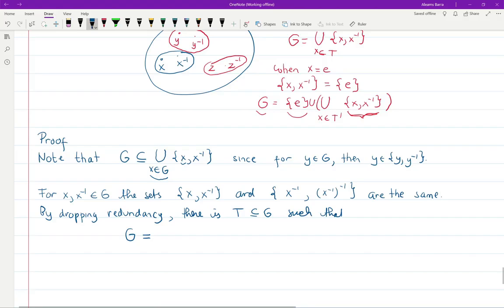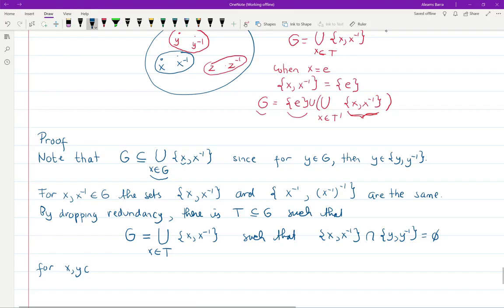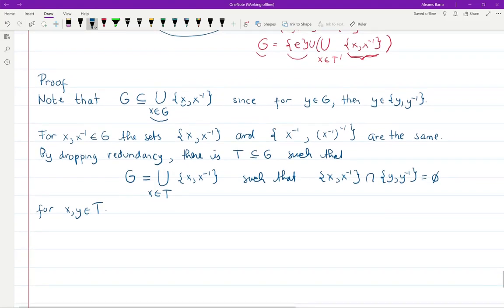By dropping some of the same sets, we can make the union still equal to G, but we don't really need to take all X from G. We just need to take X from a certain T such that the intersection between the set of X and X inverse and the set of Y and Y inverse is the empty set for X, Y in T. So we can have that kind of T, right? Do you agree with that?